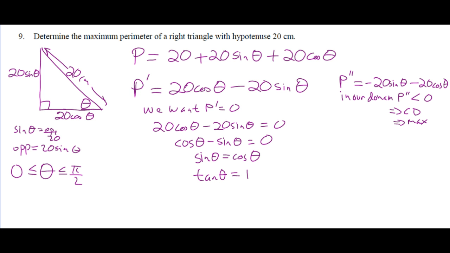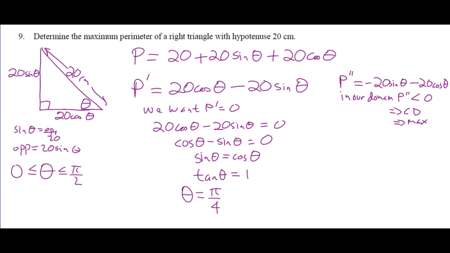We also know sine theta equals cos theta at pi over 4, or tan theta is 1 at pi over 4. So we get theta equals pi over 4, and really that's it.